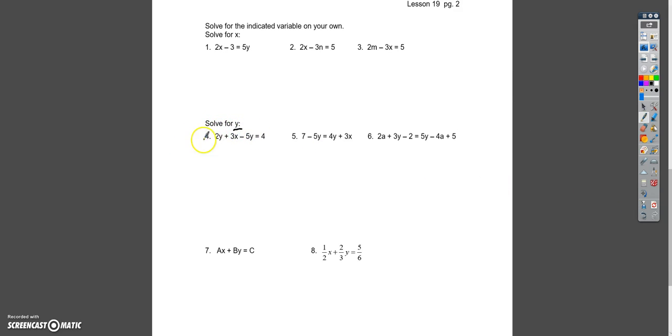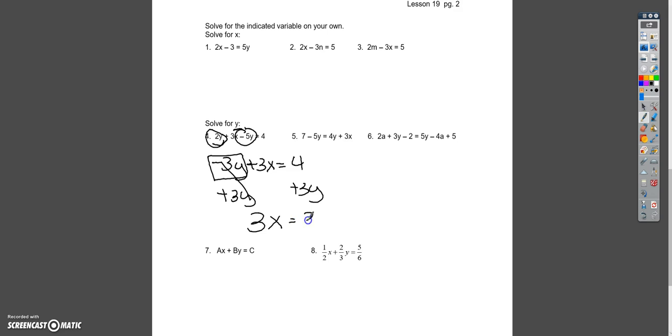Solve for y. So here I've got 2y, so I'm going to put them together and get negative 3y plus 3x equals 4. So I'm going to add 3y and 3y.